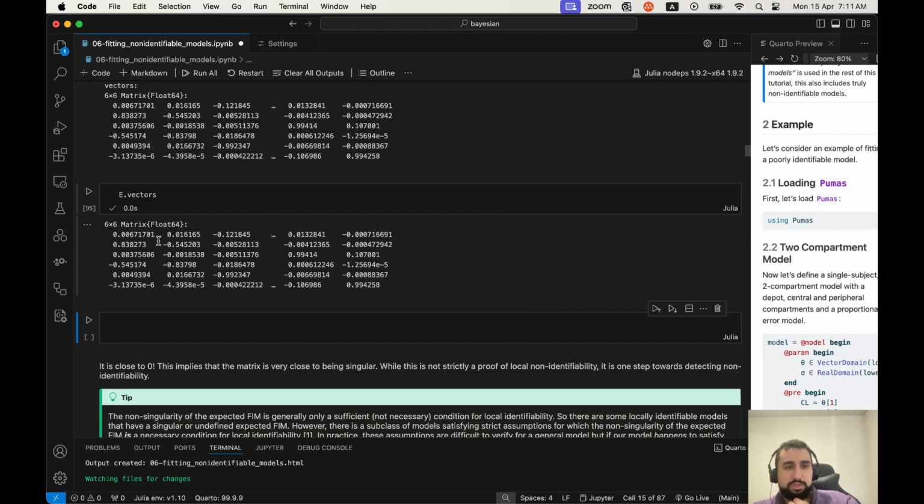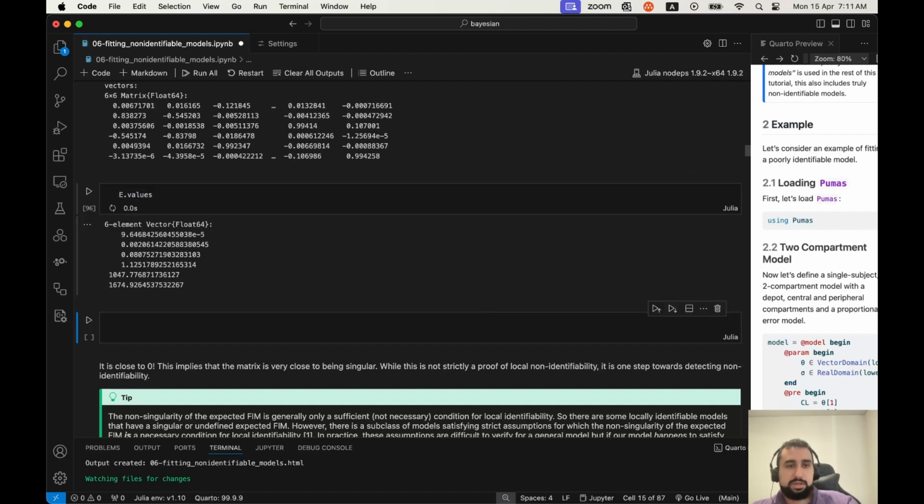Each column will be an eigenvector corresponding to each value in the eigenvalues, right? And what we can see here immediately is, first of all, the eigenvalues are sorted. Second, the smallest or the first value is actually very close to 0. And the condition number is large.